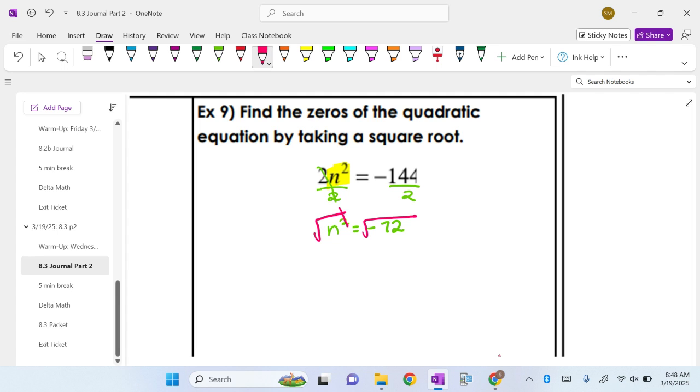Real quick, if you have Desmos up or if you have a calculator, so I want everyone to grab a calculator right now, just for this one moment. I want you to put in what the square root of negative 72 is.